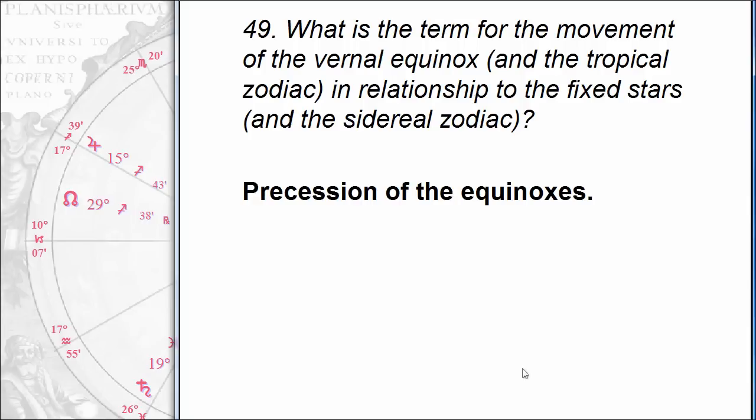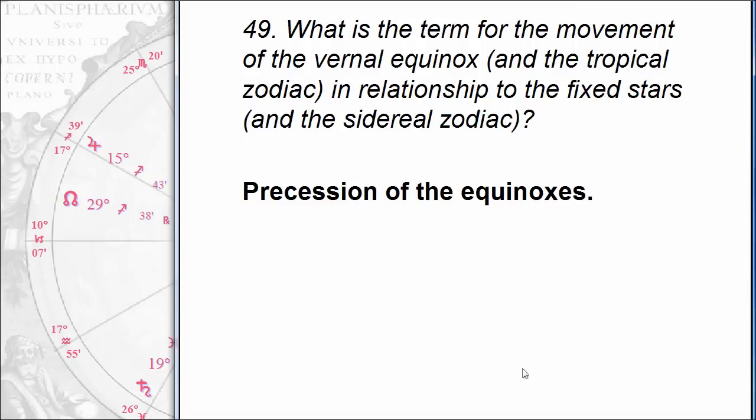Earlier, I showed you the gyroscope, which is just like the Earth spinning around and wobbling around, and that wobble takes 26,000 years. 26,000 divided by 12 is a little over 2,000 years. So it takes a little over 2,000 years for that wobble to go 30 degrees, and it's about 1 degree every 72 years.